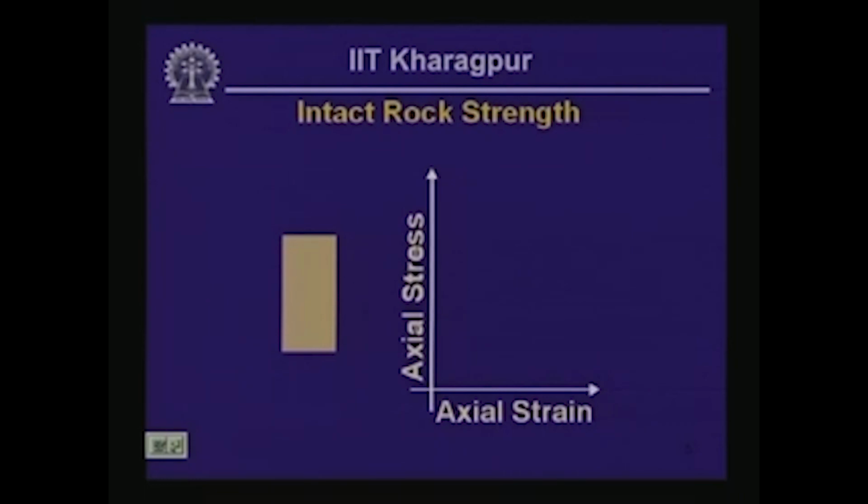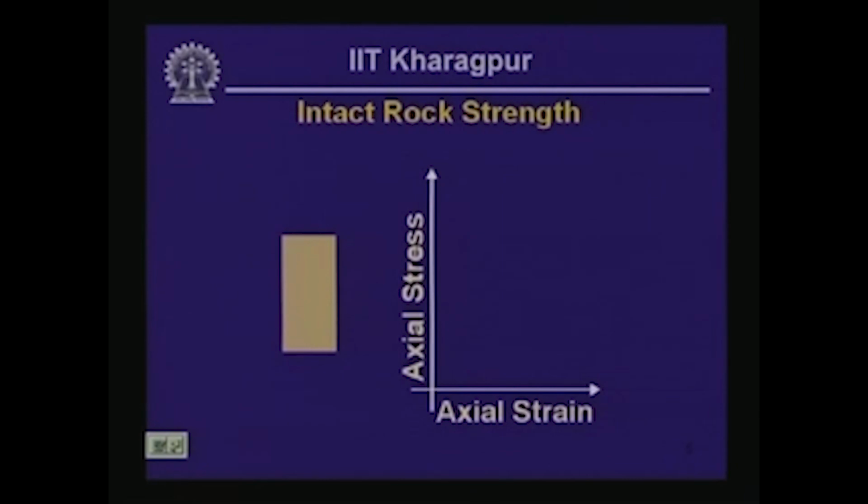rectangle on the left side of this particular slide, and then what we are going to do is keep track of the deformation of this sample and the corresponding value of the axial force or axial stress, and we are going to express the result as a plot between the axial stress and the axial strain.